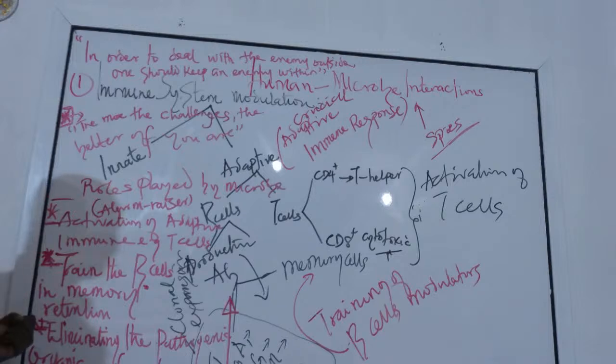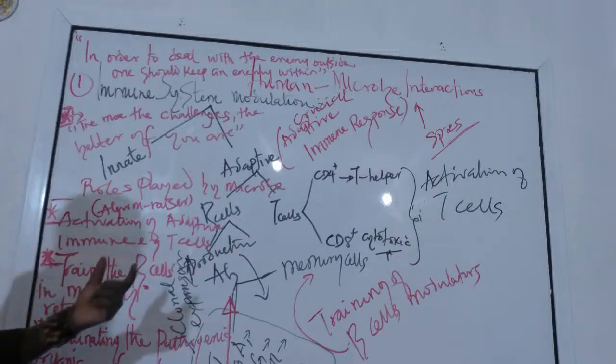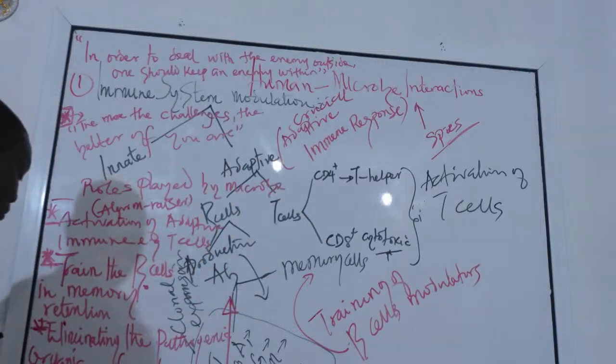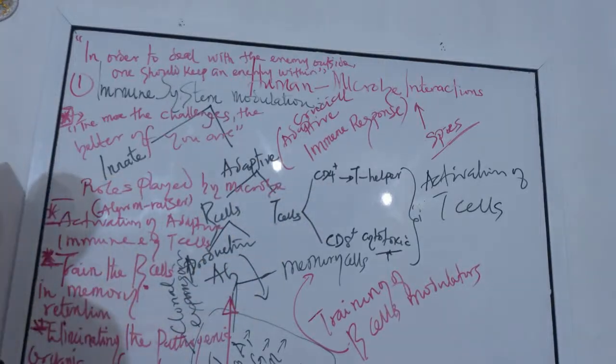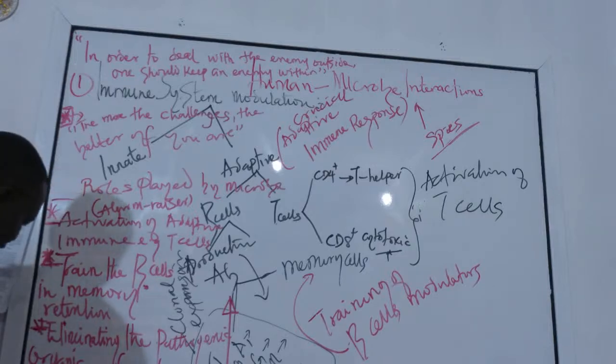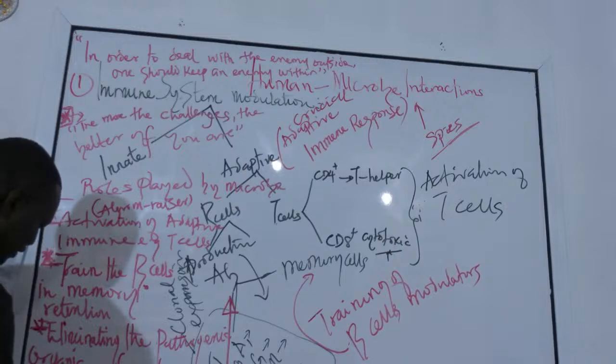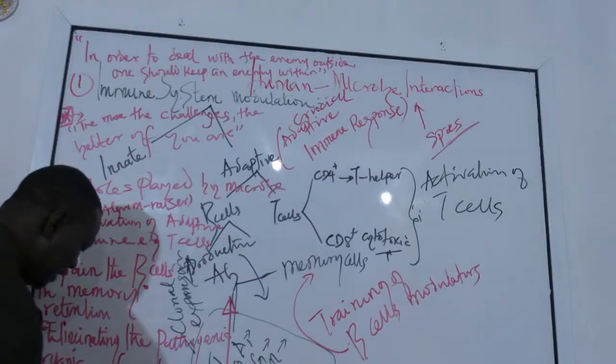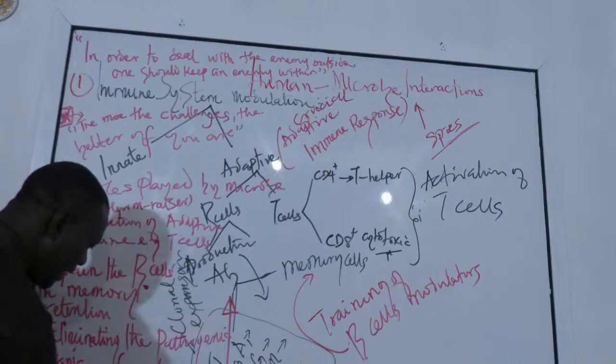That means not only that they have something to do directly with T cells, they also have a role to play in the activation of certain cytokines, for example interferon gamma and TNF alpha.